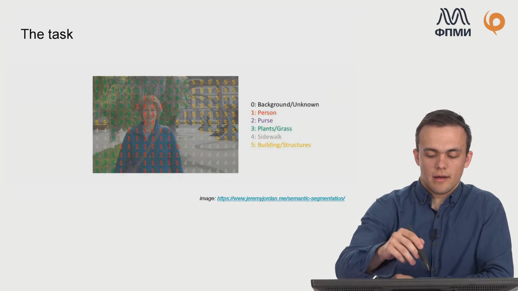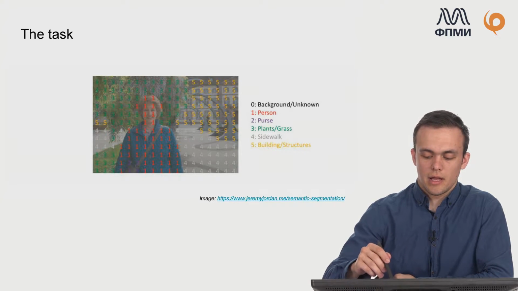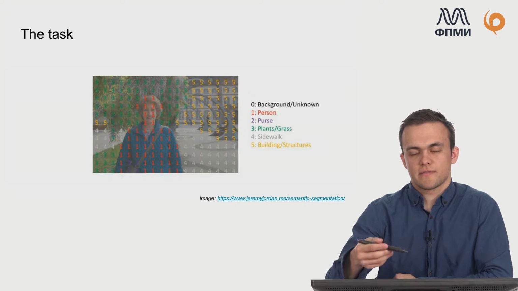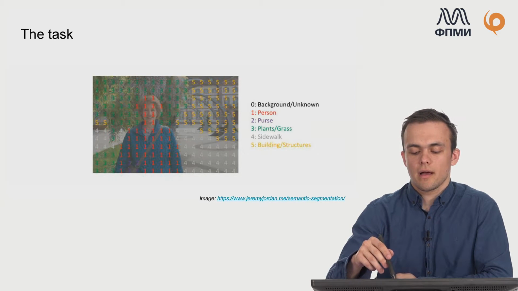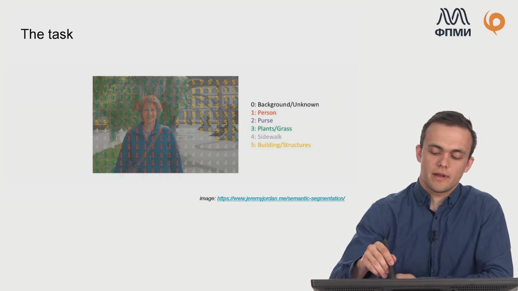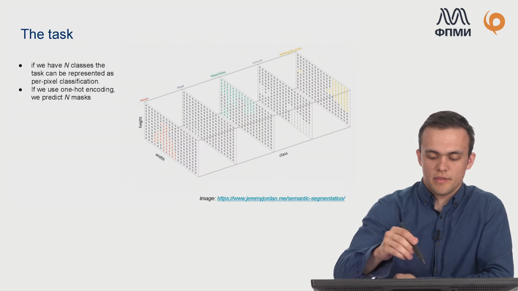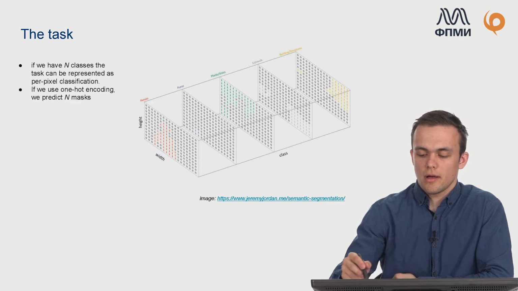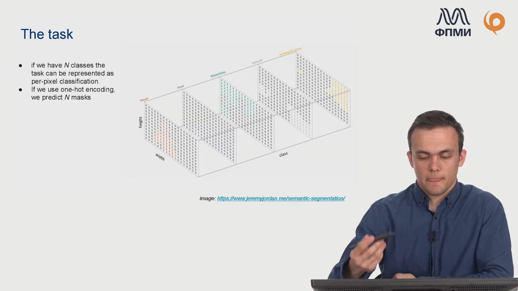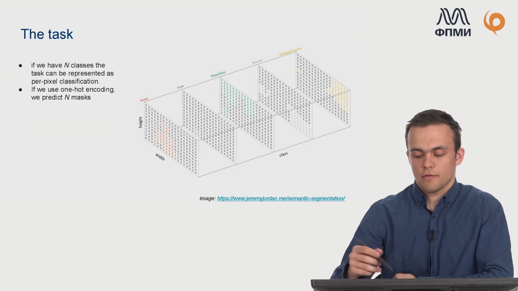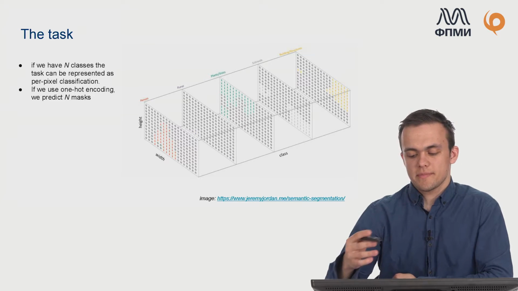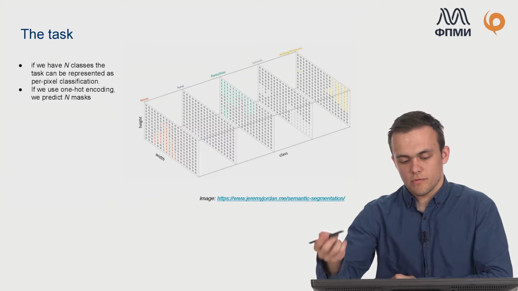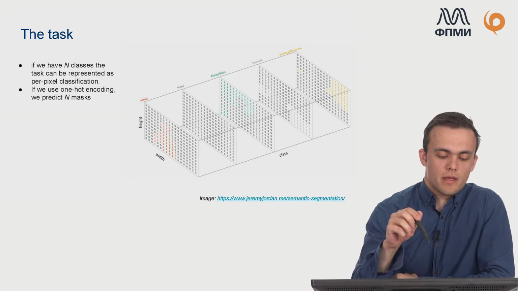So it's kind of a lot of neural networks that run the classification problem that you're familiar with, but they run it for every single pixel. And if they output a one-hot encoded vector, you can just think of them as several maps that are then overlapped one on top of each other.